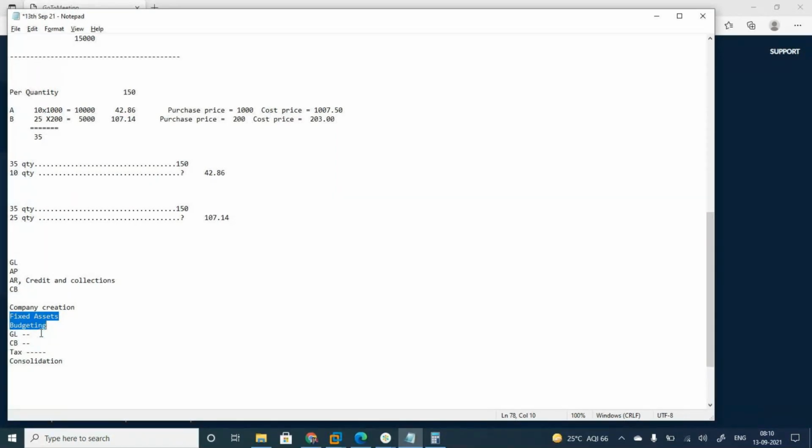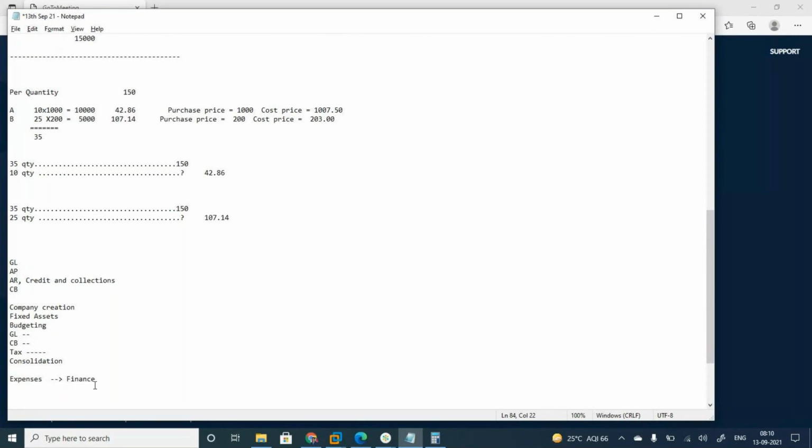Sir, expense management is not part of finance, no? Actually, it is a part of finance, but recently. Expense management was a part of payroll, to be frank. They moved it to finance very recently.